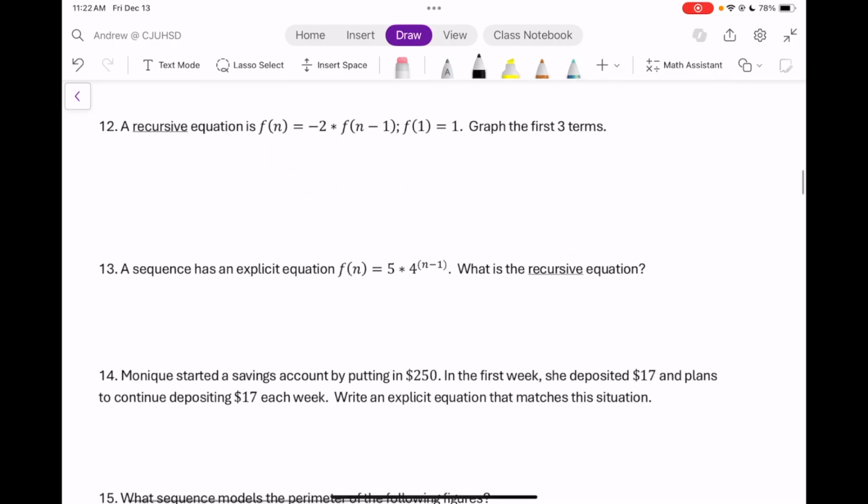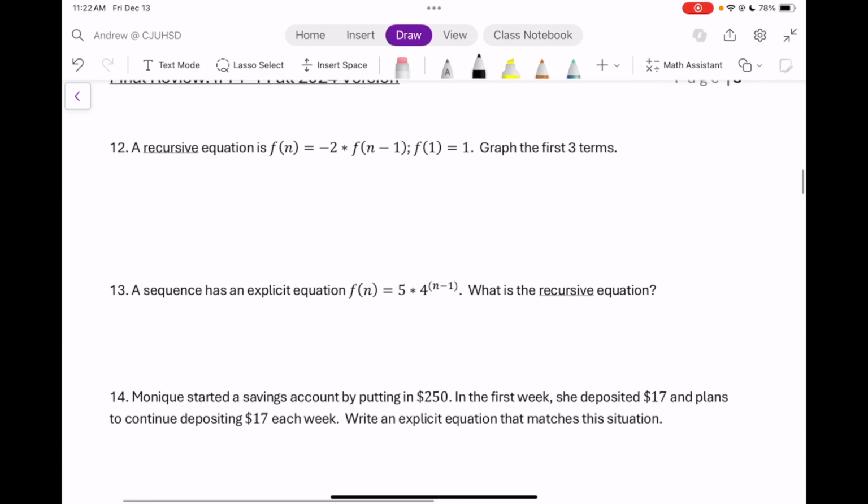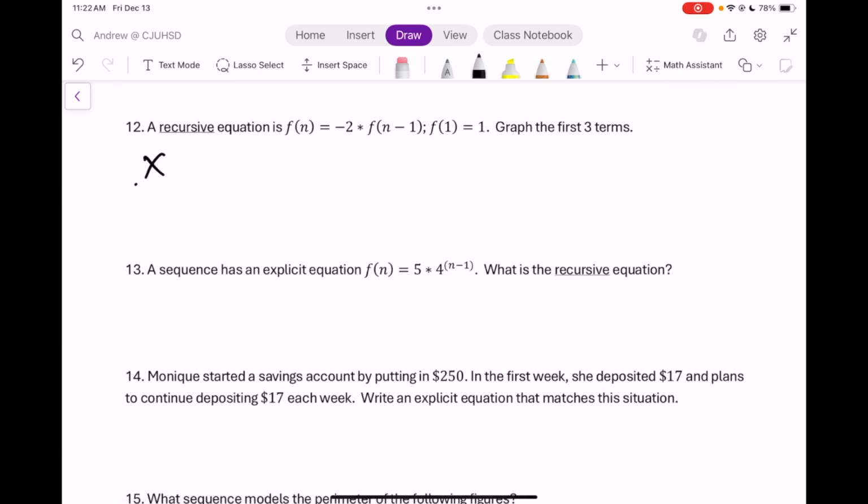Number 12. Here's the recursive graph, the first 3 terms. Well, first let's figure out what the first 3 terms are. Actually, that would be n and f of n. So we're going to begin at 1, and you get 1.